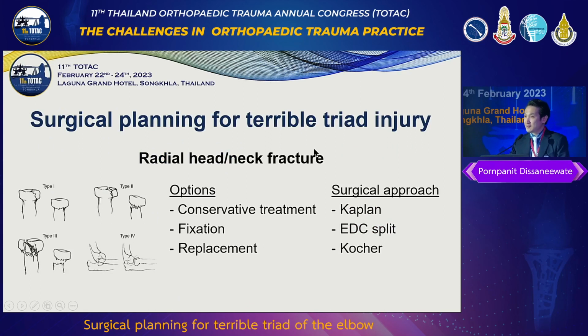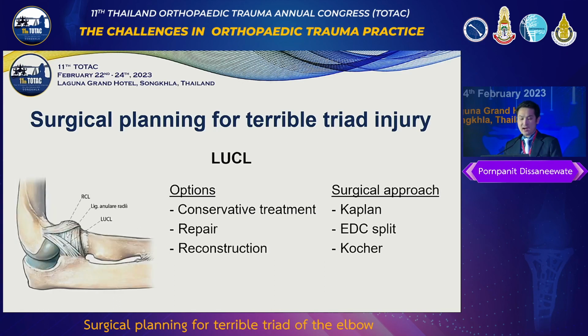So for the planning of the radial head and neck, you have many choices from conservative treatment, fixation, and replacement. It depends on the type of injury of the radial head and neck. And for the surgical approach, you have the workhorse approach from the lateral side, from the anterior to the posterior: Kaplan, EDC split, and Kocher.